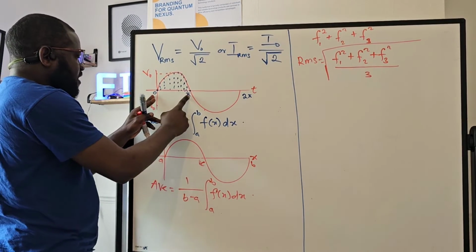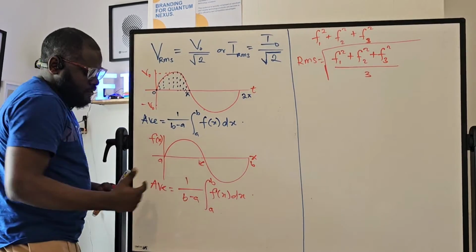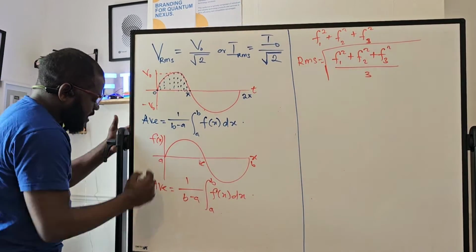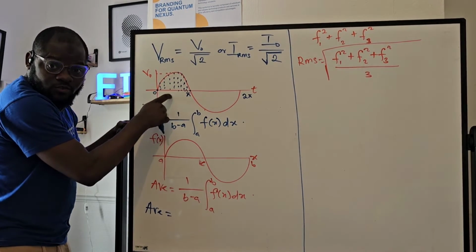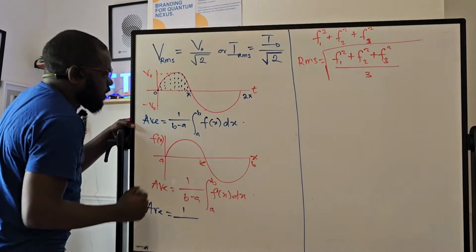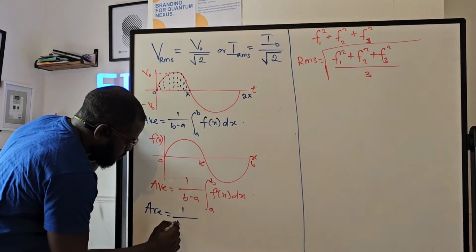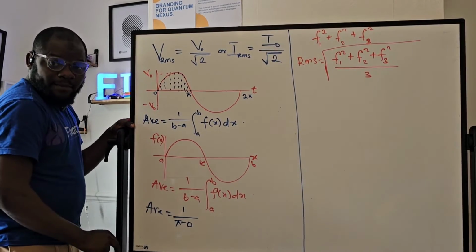So for us to look for the average of this, we just formally think that is this. So look at what I'm going to do. The average of this particular one, this is the right one we are looking out for, is going to be 1 all over, so this is going to be pi minus 0, just like I have b minus a. Am I making sense?